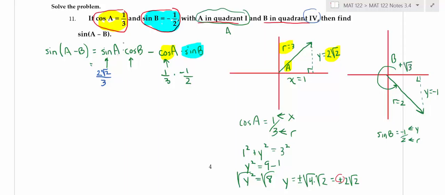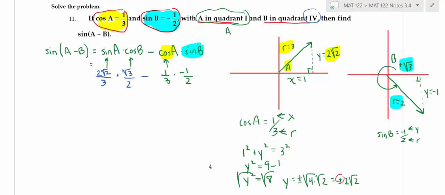So now we've got to do the cosine of B. Looking at this angle B, the cosine would be the x value over the r value, so that's square root of 3 over 2. I'm going to replace that with square root of 3 over 2. Then we're ready to crunch this out and get the answer.